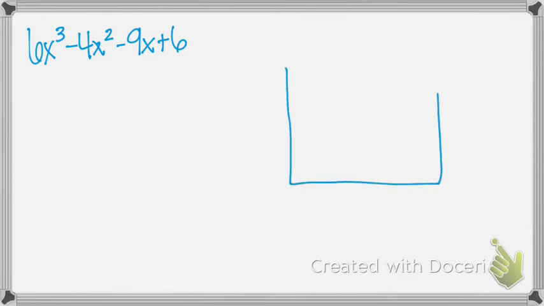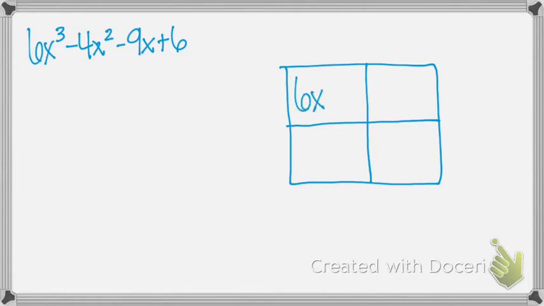So we're going to draw our box. We have 4 terms. We're going to list them: 6x cubed, minus 4x squared, minus 9x, plus 6. Okay, now, first, remember, you have to look at the first row.